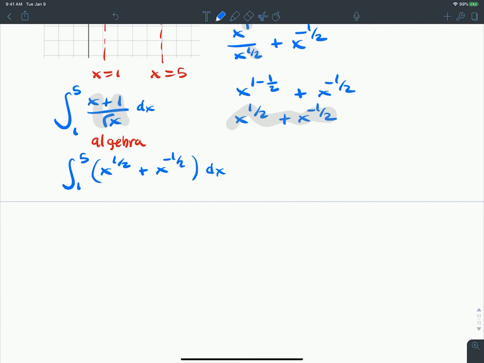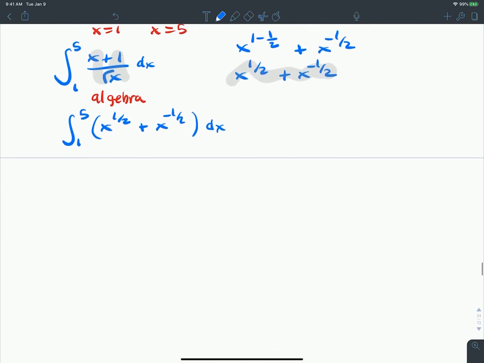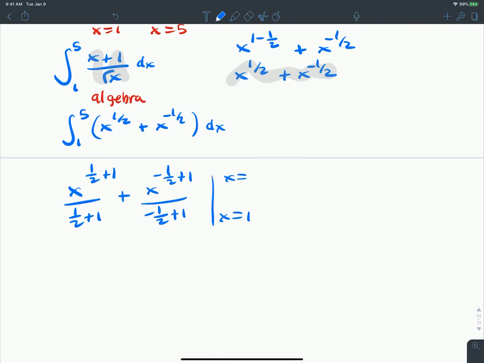We're going to use our properties of integrals. The integral of a sum is the sum of integrals, and we're going to use the power rule here. So we have x to the 1/2 plus 1 over 1/2 plus 1, plus x to the minus 1/2 plus 1 over minus 1/2 plus 1. X is 1, x is 5.